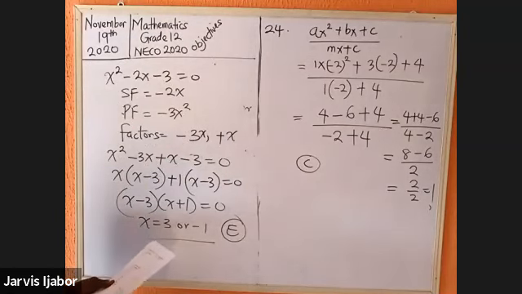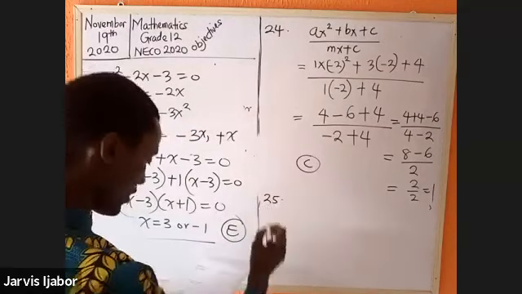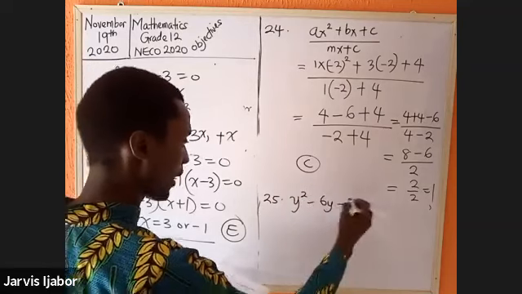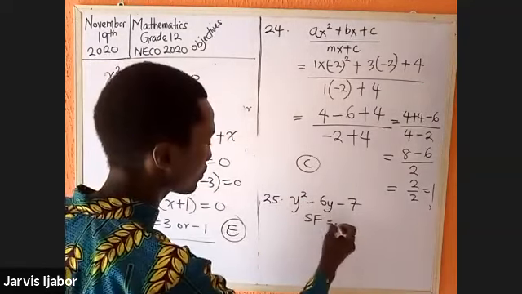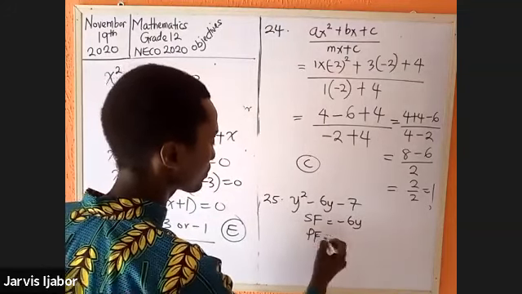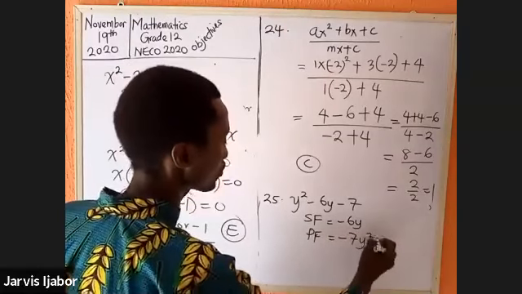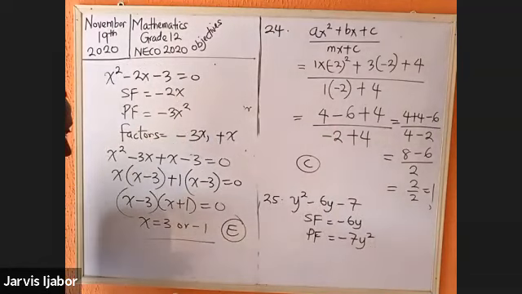So we have yet another one in 25. In 25, we are told y squared minus 6y minus 7. Here, your sum of factors will be -6y, and your product of factors will be equal to what? -7y squared, by multiplying the first and the last term.